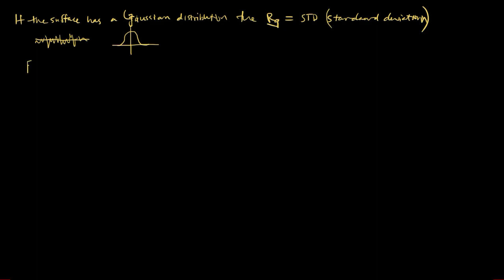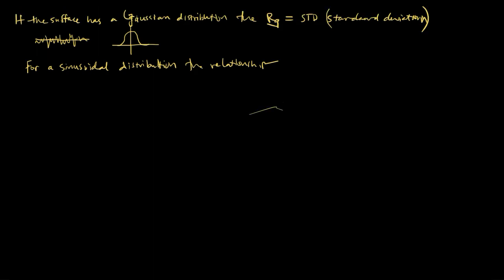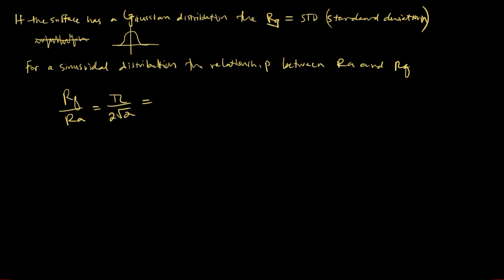And for example, for a sinusoidal distribution, the relationship between RA and RQ is RQ over RA is equal to pi over 2 root 2, which is 1.11.